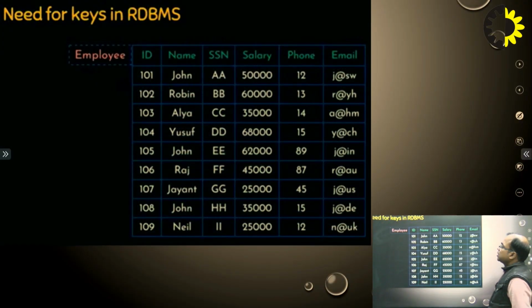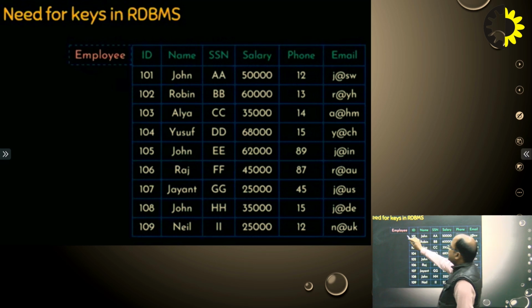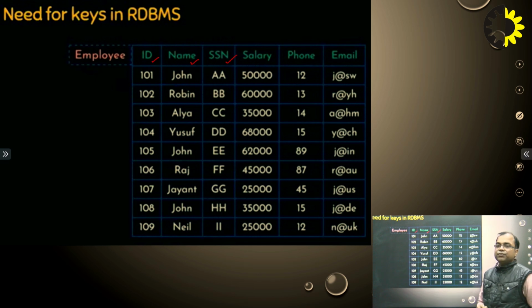First we come to know why we need a key for a relational database, why it is necessary to have a key in the database. For this we have an employee table. In this we have an employee ID, the name of the employee, and an SSN number. In India, SSN means the Aadhaar number.